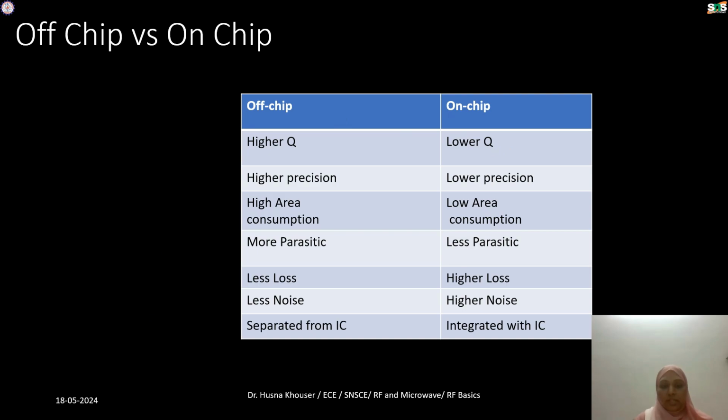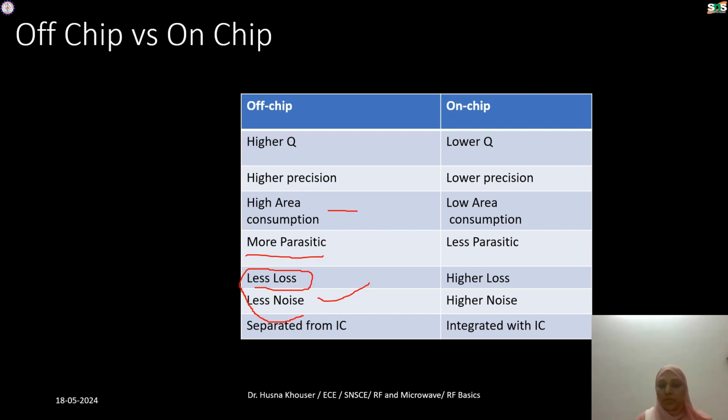In the off-chip filter the parasitic elements will be more, which is a disadvantage, and we also have to consider the high area consumption. But the advantages are low loss and low noise. This is the advantage of the off-chip filter.